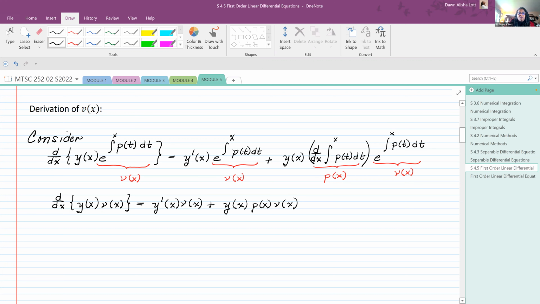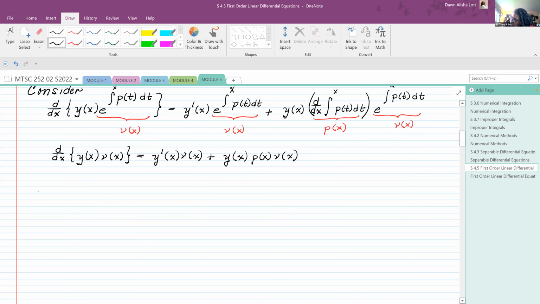Okay, so let's go back to the original differential equation. It was dy/dx plus p of x, y of x is equal to q of x.